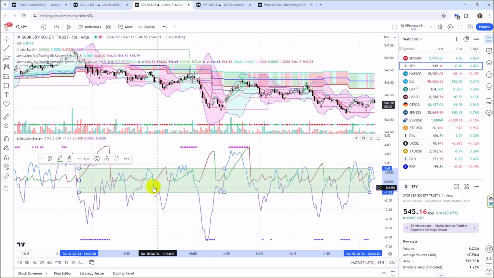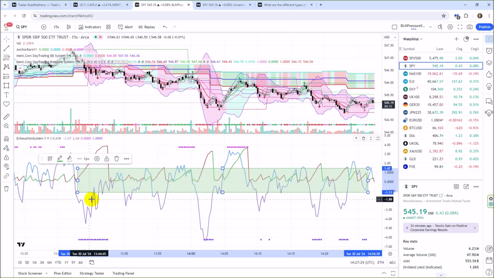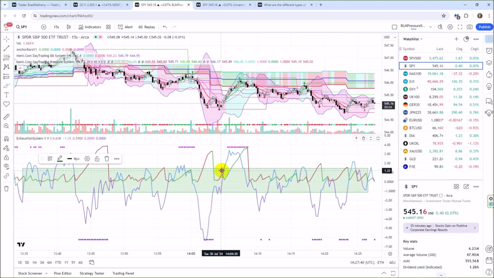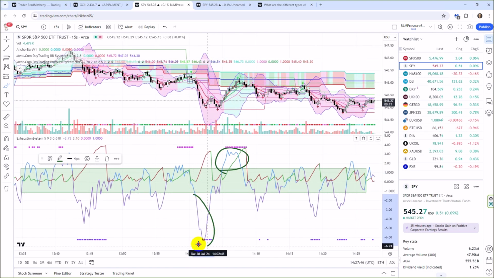But the whole idea here is you get these really strong confirmed trends, George, when you're outside of these ranges. When it builds enough momentum or pressure to push outside of this range, then you're going to get some solid trending.